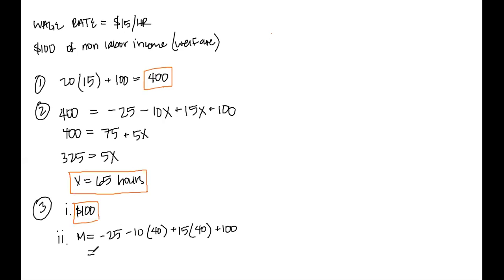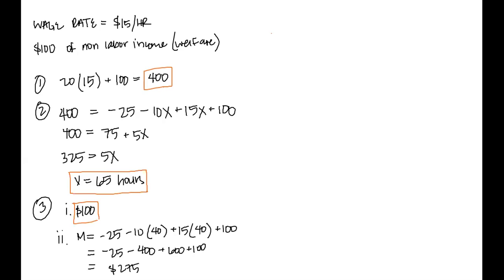So we can see that this becomes negative 25 minus 400 plus 600 plus 100. So 600 plus 100 is 700, 700 minus 400 is 300, and 300 minus 25 is 275.